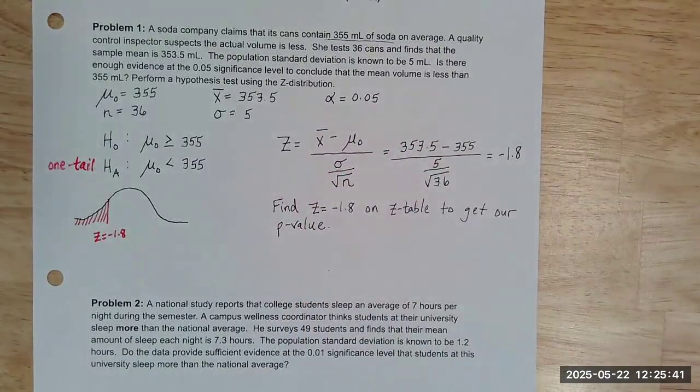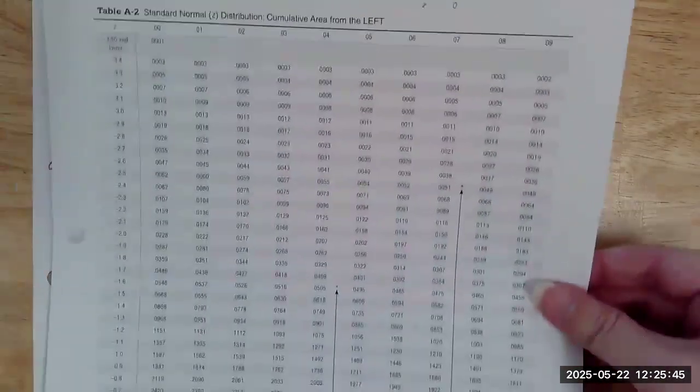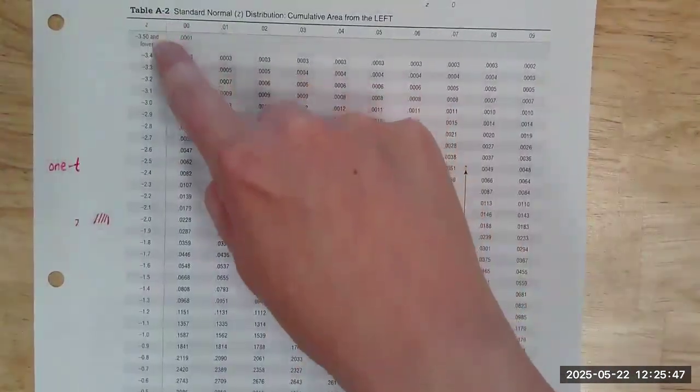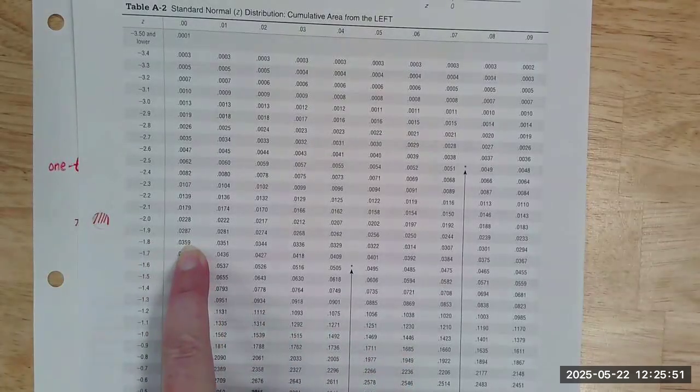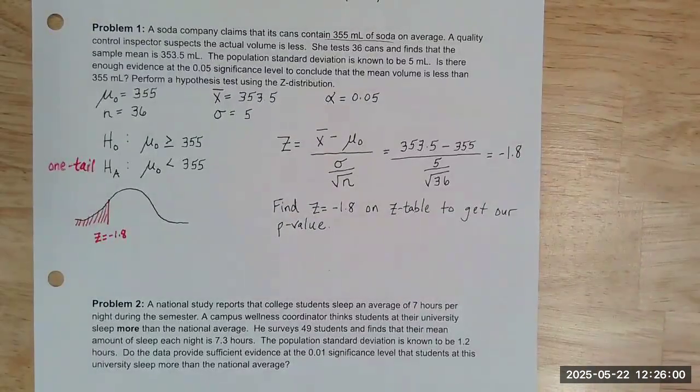So we're using that z, negative 1.8, to go get our p-value. On my table, negative 1.8, 0 would be that very first column there. 0.0359 is my p-value.